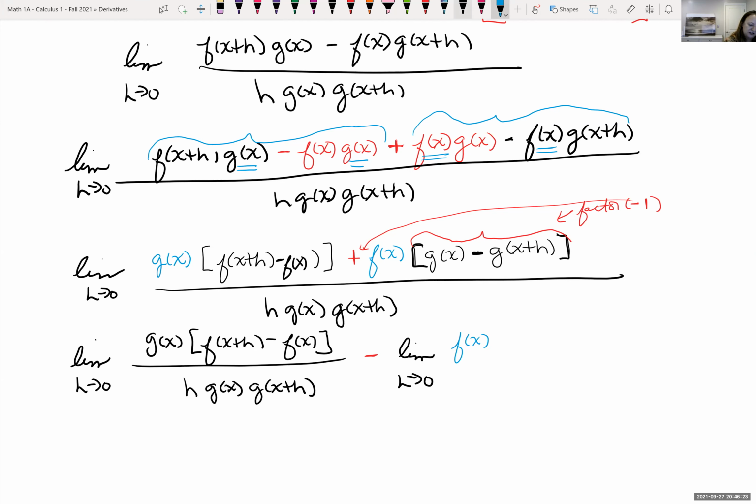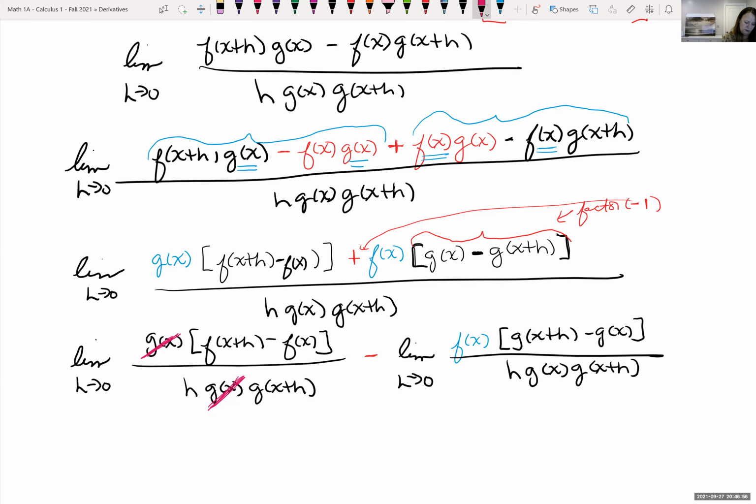And now because I factored out that negative sign, I have g of x plus h minus g of x all over my denominator, h times g of x times g of x plus h. So notice this first piece, g of x cancels, both in the numerator and denominator. Notice this second piece, does anything cancel? No.